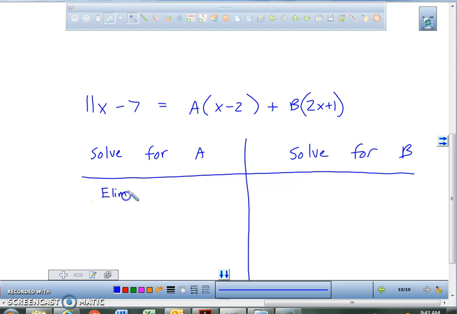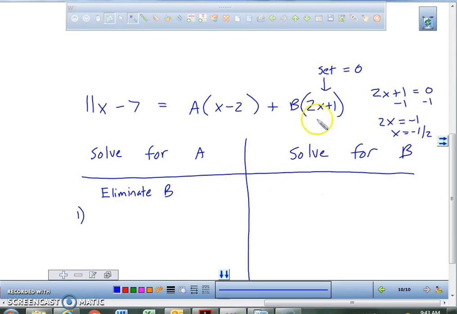We have to eliminate the B. Now, to eliminate the B, right here, what do I need to make this expression equal to? I need to set it equal to 0. So here's how you set it equal to 0. 2x plus 1 equals 0. We're going to solve for x, and x equals a negative 1 half.